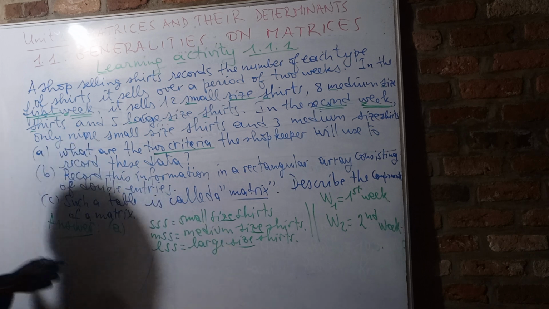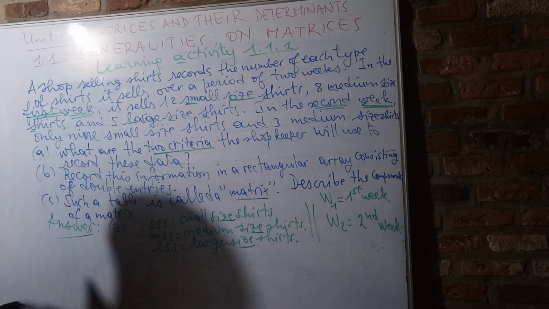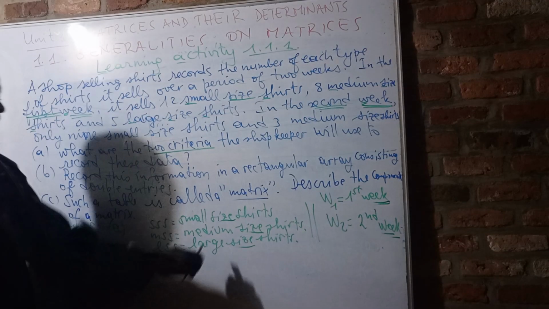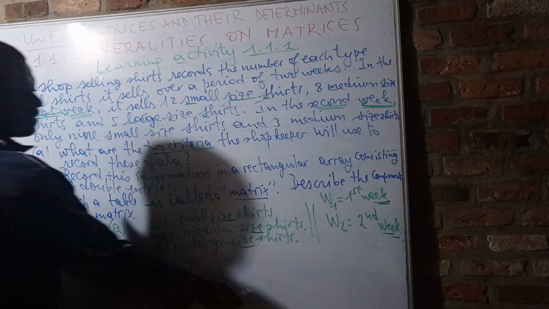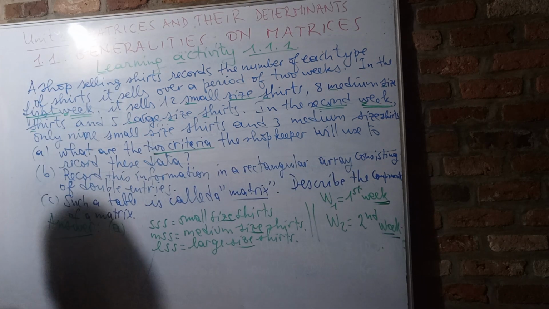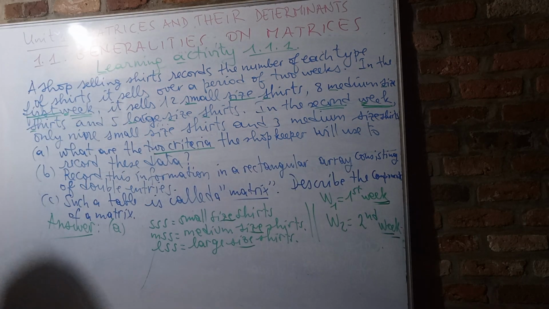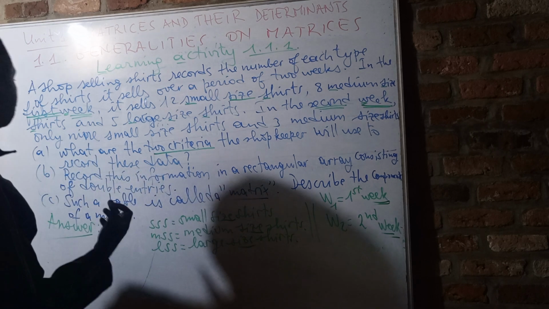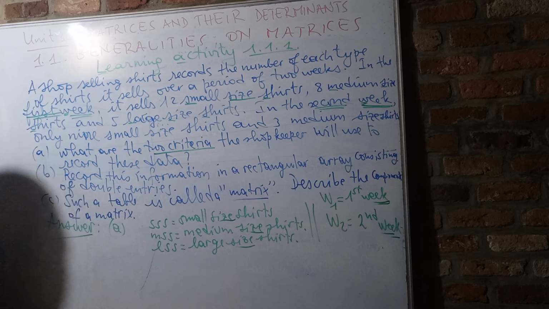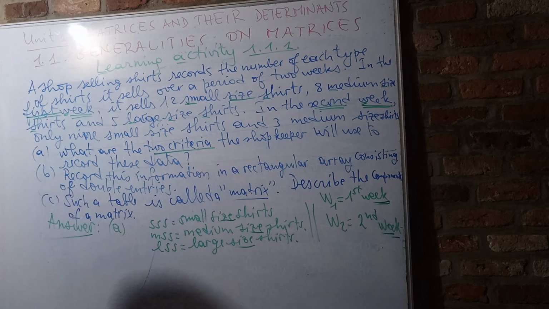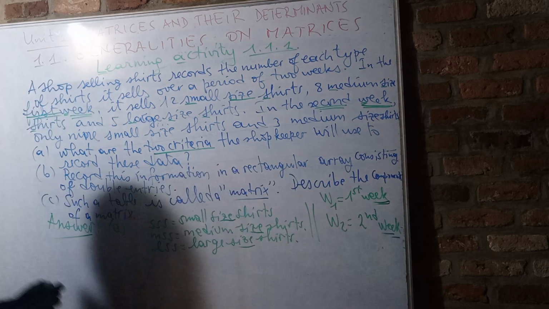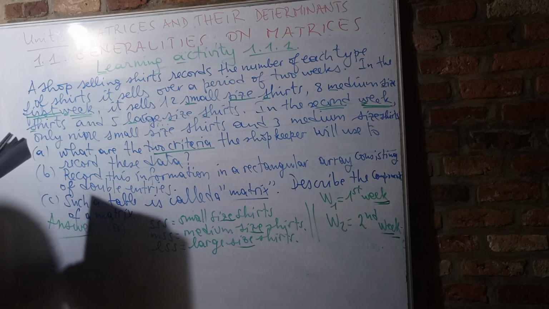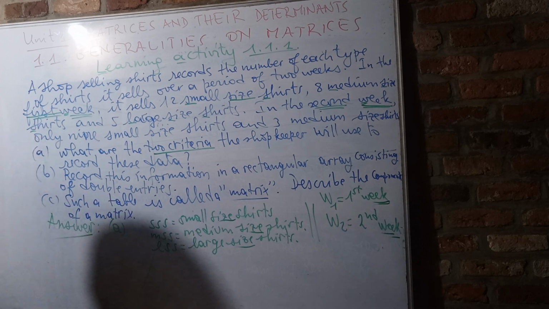Now, that was A. Two criteria. The first one is size, the second one is week. So the number of each type of size for the shirts and for the week. The answer was the week period and type of shirts.